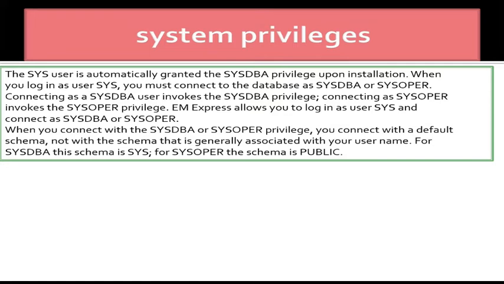When you connect with the SYSDBA or SYSOPER privilege, you connect with a default schema, not with the schema that is generally associated with your user name. For SYSDBA, this schema is SYS. For SYSOPER, the schema is public.